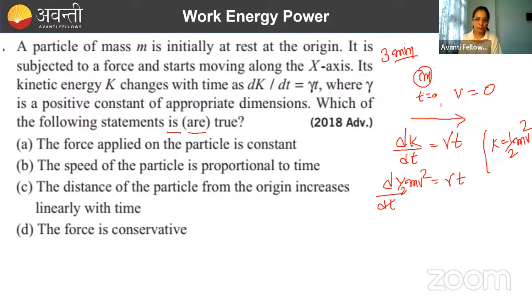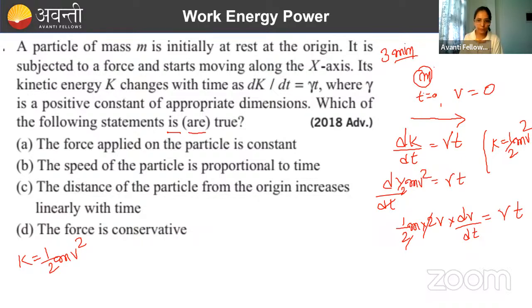So here you will see that the differentiation of v square, d(v square)/dt, can be written as half m into 2v into dv/dt, and that is equal to gamma t. If you're getting confused, you can write K is equal to half mv square, and if you differentiate this, you will get half m into 2v dv/dt, which equals gamma t.